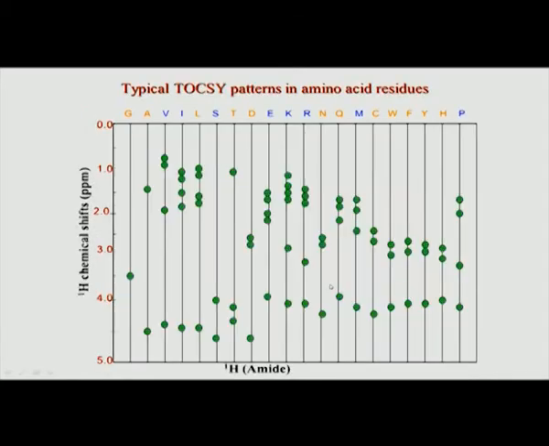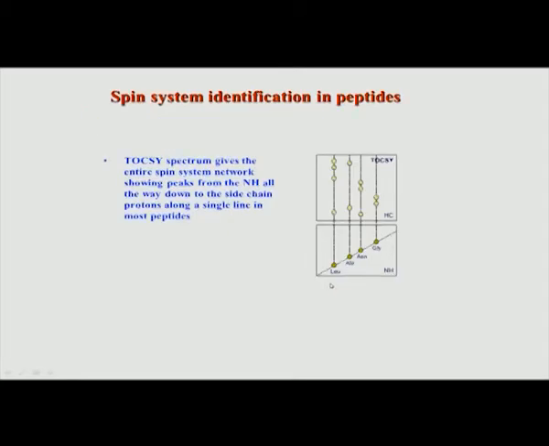Now let us see how TOCSY can be used for spin system assignment. What is shown here is a TOCSY cutout from a schematic diagram, not from the peptide we are going to look at. The TOCSY spectrum gives the entire spin system network, showing peaks from the NH all the way up to the side chain protons along a single line.